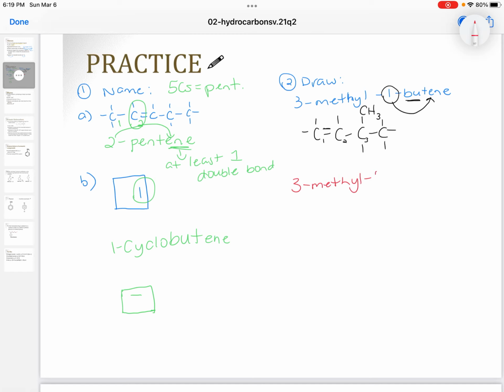But you can actually put the number exactly in front of the ending. So now this 1 goes right in front of the ene because it's describing where the ene is. But for now, when there is only one ending, either the blue name or the red name, it doesn't matter. Okay, but when we do alkynes, you'll see that you might have to choose, or might have to do both endings.